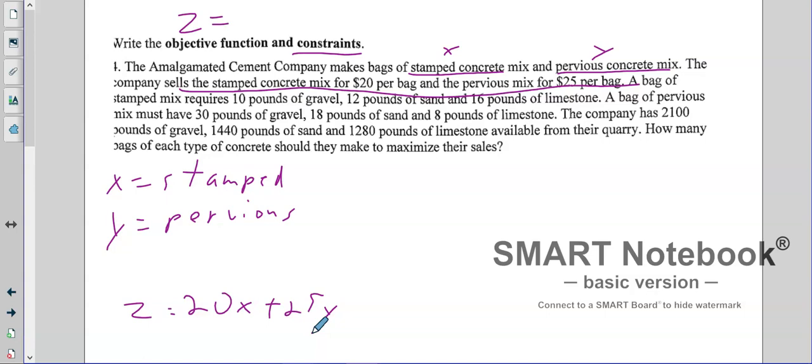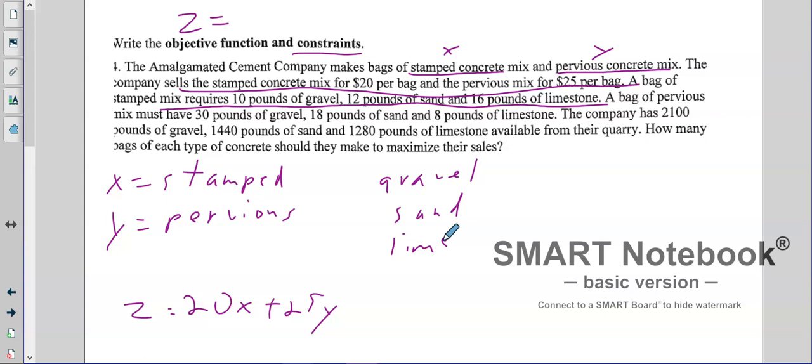It says a bag of stamped requires 10 pounds of gravel, 12 of sand, and 16 limestone. That means we're going to have 3 categories here. We're going to have gravel, sand, and limestone. All right. So I'm just going to do the straight down method here.